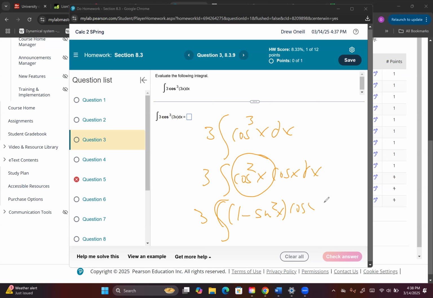Now, what's going to happen is I'll erase this part. What's going to happen is we can write this as 2 cos x minus 3 sine squared x cos x dx. Okay.